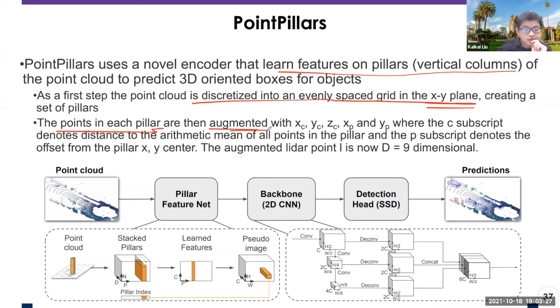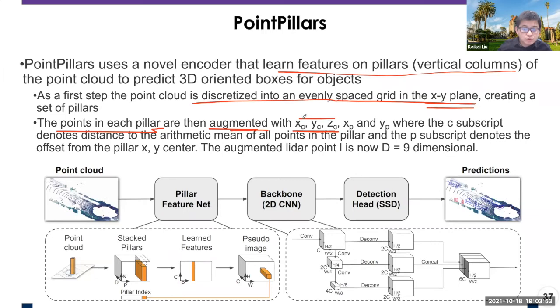This is similar to VoxNet, but VoxNet only uses the points' center. Here they not only use the points' center; this is calculated based on all the points in this pillar. This is the center, and this is relative to the center.